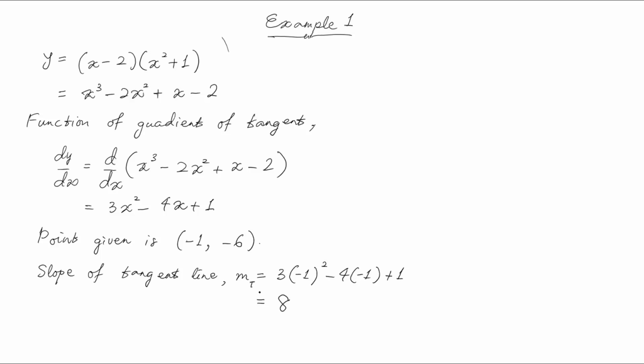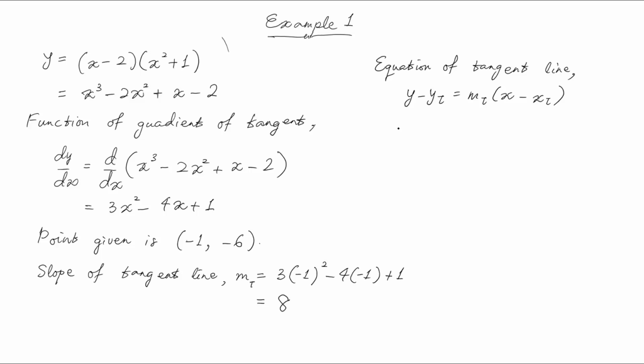Okay, so let's cut to the end part of this example. The equation of the tangent is going to be very simple. Simply use y minus yt equals mt times x minus xt.